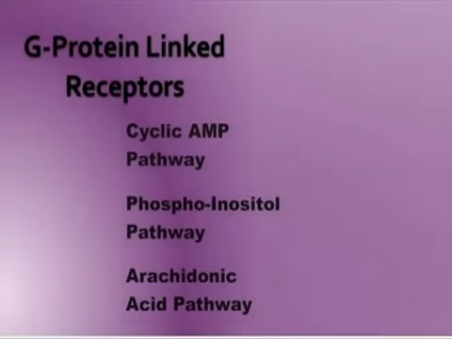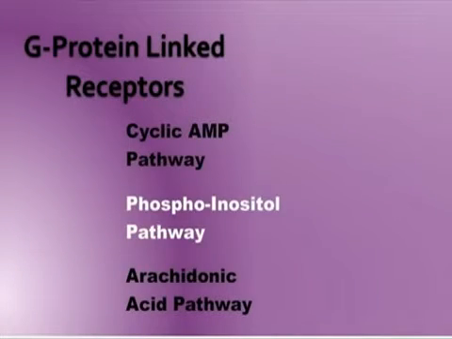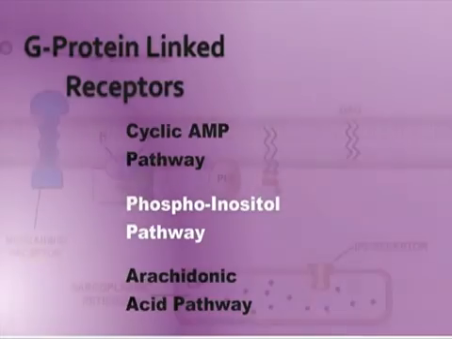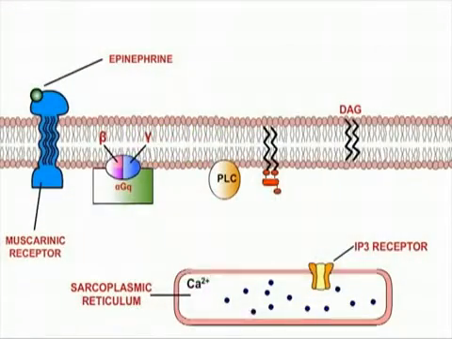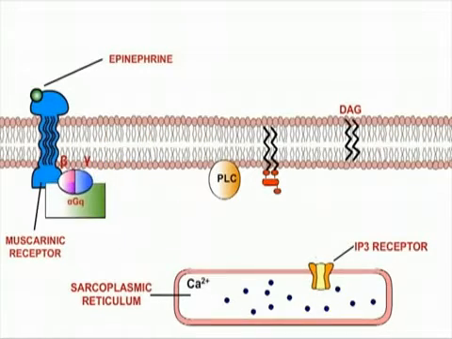The second pathway of G protein linked receptor is the phosphoinositol pathway. This pathway is activated by the hydrolysis of inositol phospholipids of the plasma membrane. Agonists such as acetylcholine or epinephrine bind to muscarinic ACh receptor of the G protein to activate Gq.